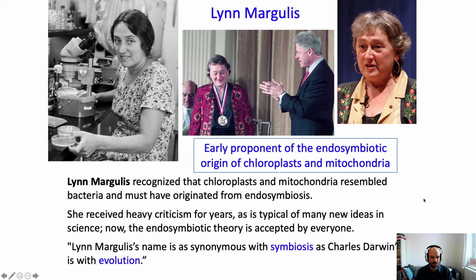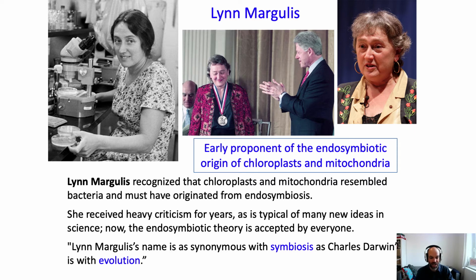So before we jump into the biology of this, I want to acknowledge that a very early proponent and someone who did a lot of work on these ideas of the endosymbiotic origin of the mitochondria and chloroplasts is Lynn Margulis. When she first started promoting this idea that the eukaryotic cell is fundamentally a symbiotic being, she was heavily criticized, which often happens in science.